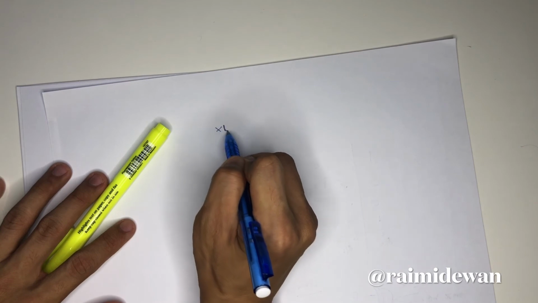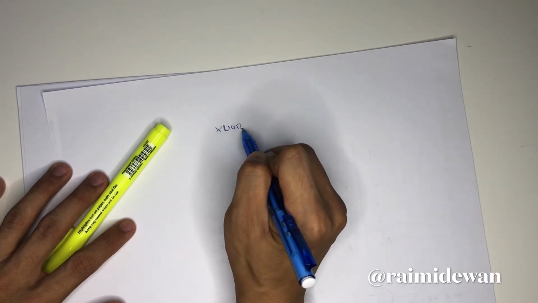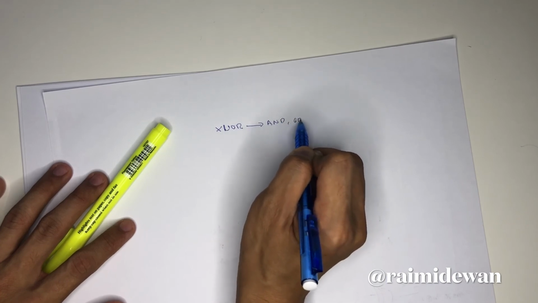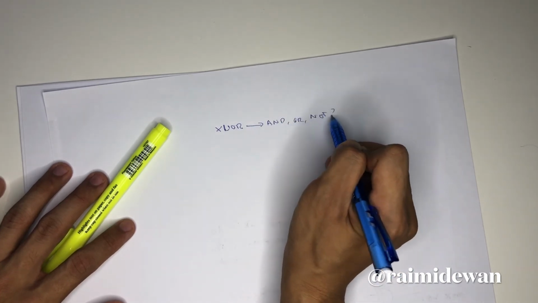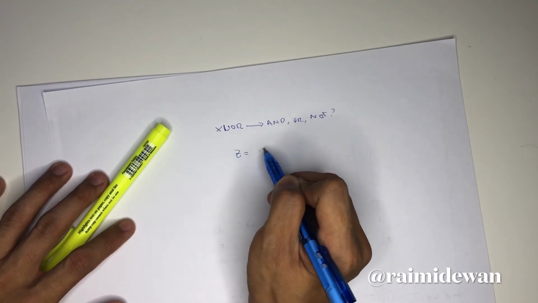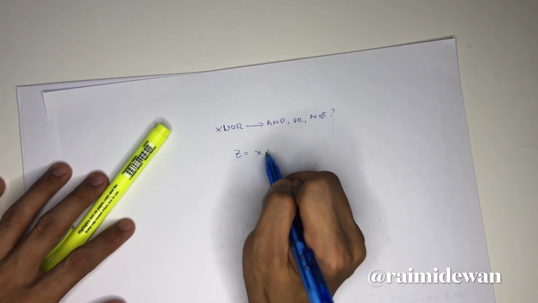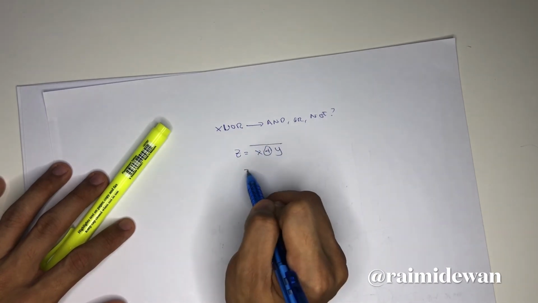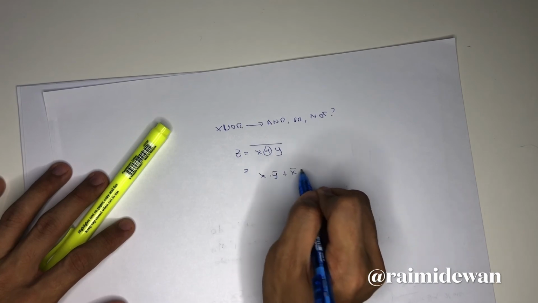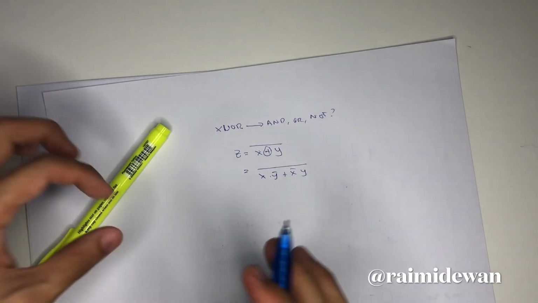So now we go to how to make XNOR using a combination of AND, OR, and NOT. You go back from the expression and further elaborate it, just like XOR.